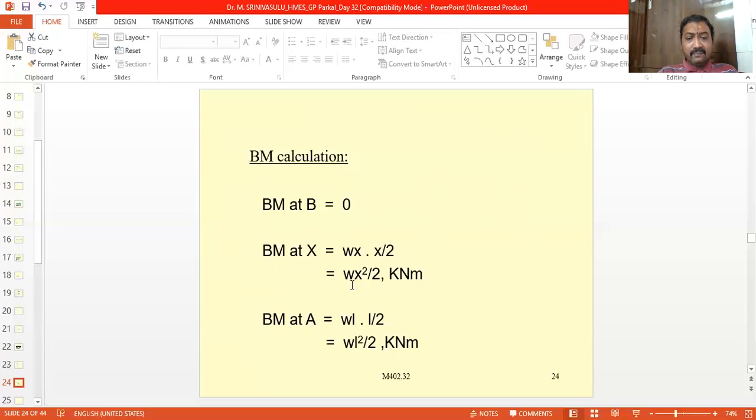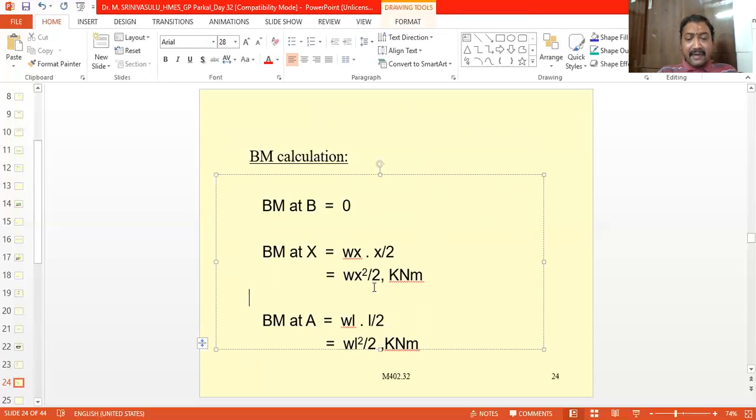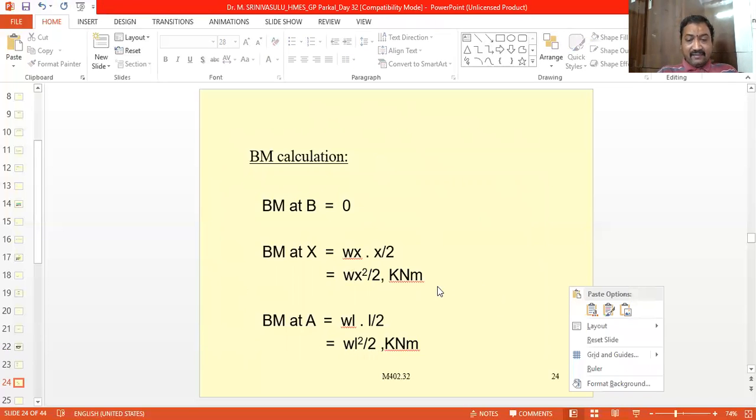Now we got the general equation for the bending moment, and with this equation we can find out the bending moment at any length of the beam by substituting the suitable value of the length in place of x.